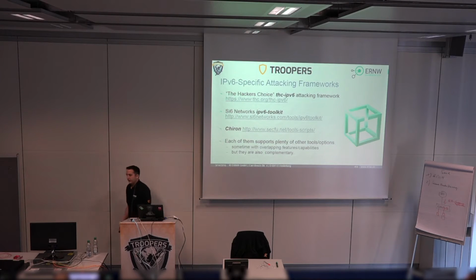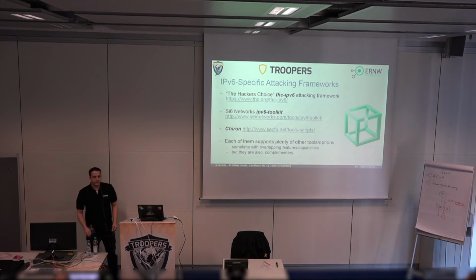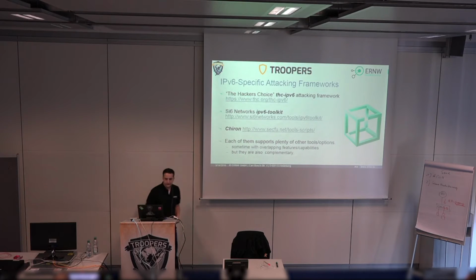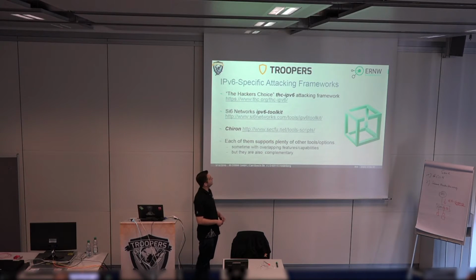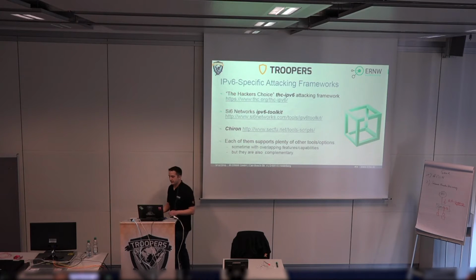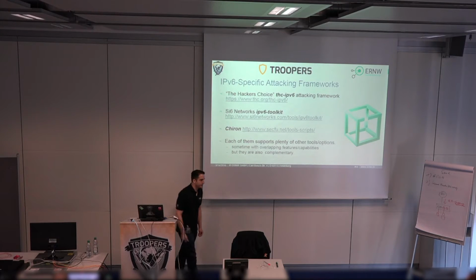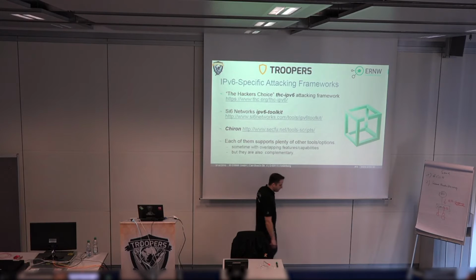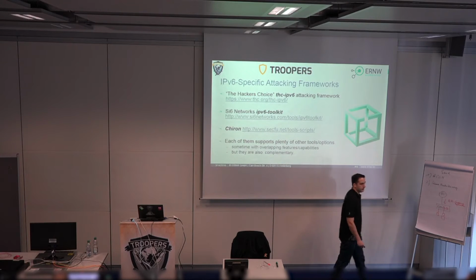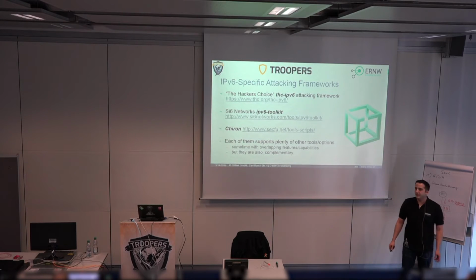There are several tools available which can be used to perform these kinds of attacks. The most famous one is the THC IPv6 tool suite, The Hacker's Choice from Marc Heuse, which can be downloaded at the URL. Then Fernando Gont has developed the IPv6 toolkit to perform more or less the same attacks as THC IPv6.